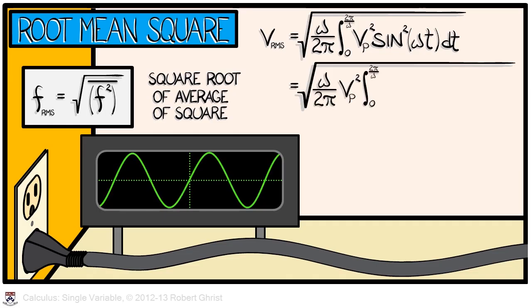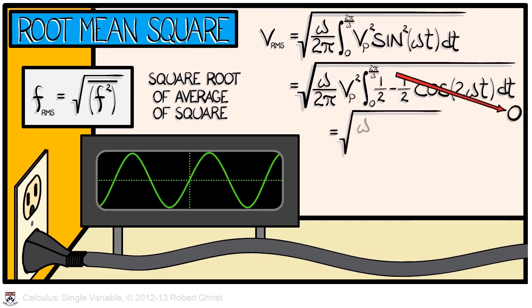Now, this integral is not so bad. We can use the double angle formula and take advantage of the fact that we're integrating over a full period so that that cosine term integrates to 0. Then we're left with the square root of omega over 2 pi times Vp squared times 1/2 t, as t goes from 0 to 2 pi over omega.